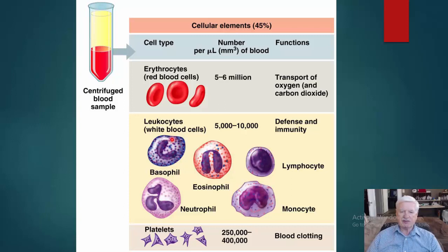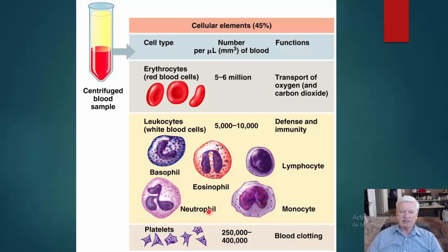The basophils take up the basic blue dye, and the eosinophils take up the orangish red acidic dye. And then there's two types of agranulocytes: lymphocytes and monocytes. Lymphocytes have a nucleus that almost fills up the whole cell, and monocytes are slightly bigger than lymphocytes, and they have a nucleus that's not quite occupying the whole cell.